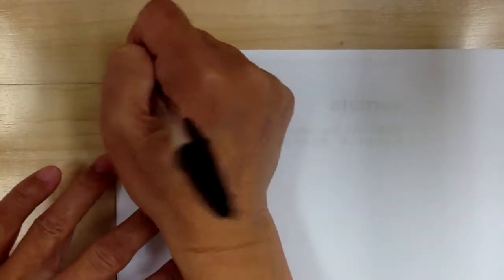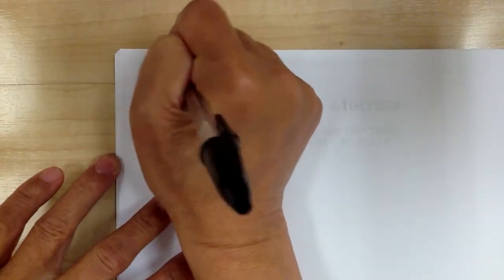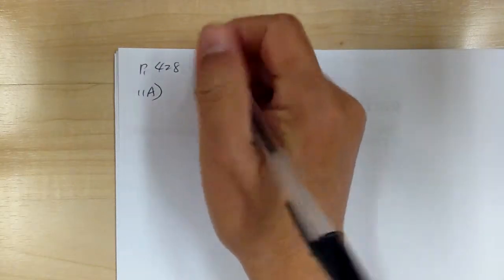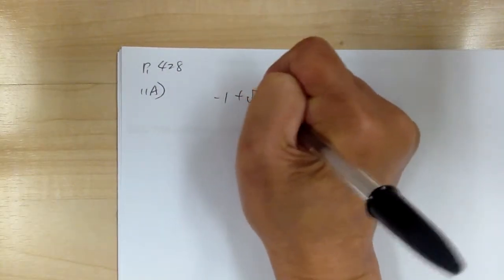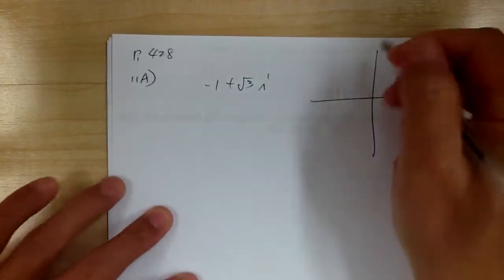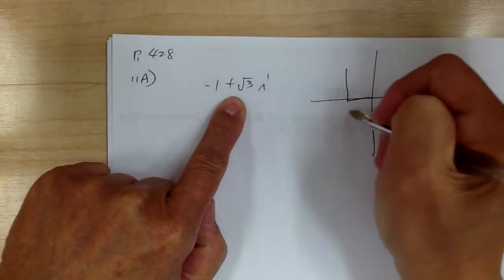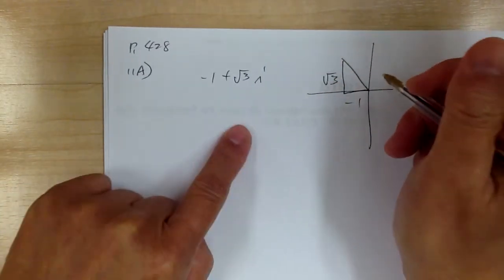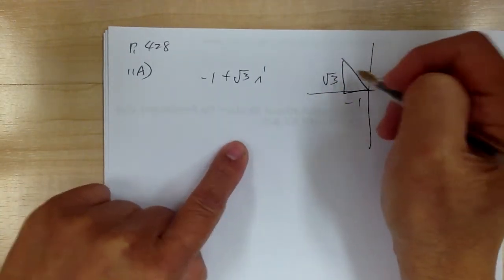Okay. Let's go to number 11. 11a, you have negative 1 plus square root of 3i. So you can sketch it out. So you've got negative 1, square root of 3. When you draw your triangle, try to be more accurate.